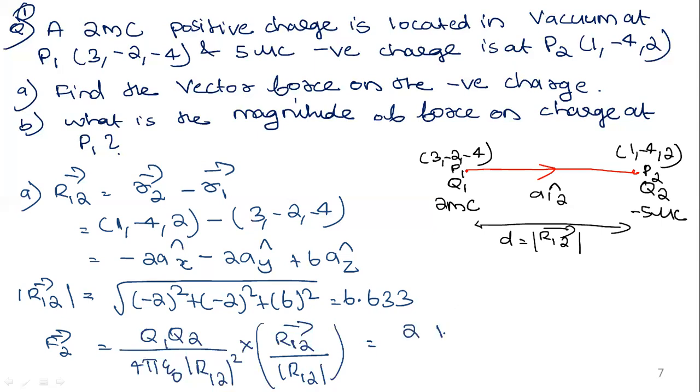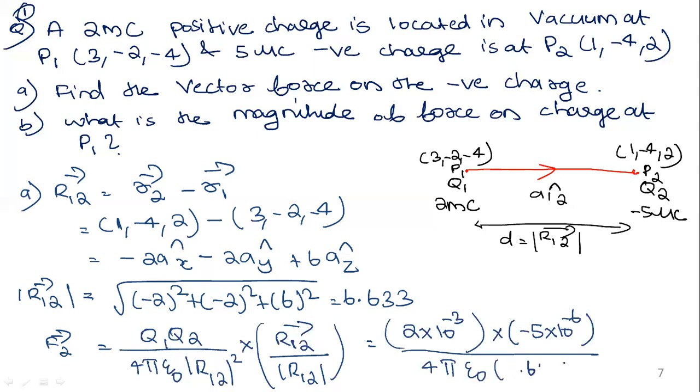So 2 into 10 raised to minus 6 into minus 5 into 10 raised to minus 6 divided by 4 pi epsilon 0 into 6.633 the whole square into the vector. We don't have space, but I'll write minus 2ax plus 2ay plus 6az divided by 6.633. I'll just write down the final answer; you do it on your calculator.